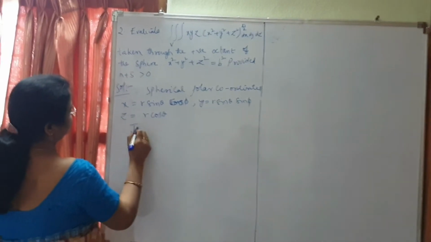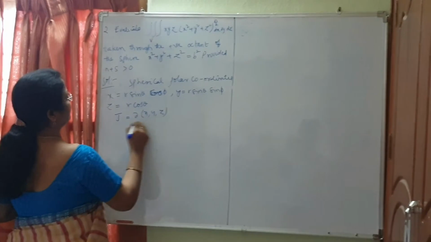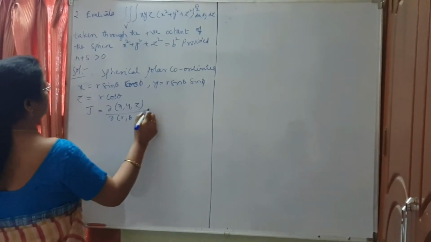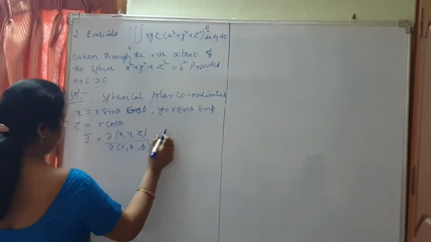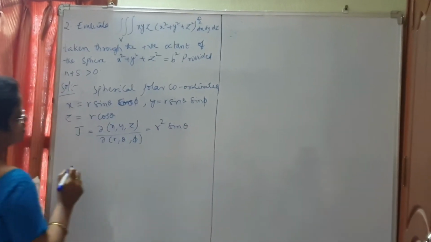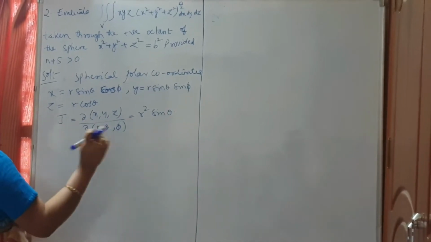And the Jacobian, here we get dou of xyz by dou of r theta phi is equal to r square sin theta. Just now we have discussed that also. This is the formula for the Jacobian, we got r square sin theta.